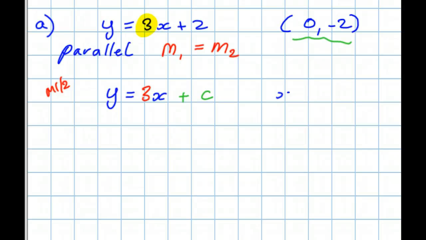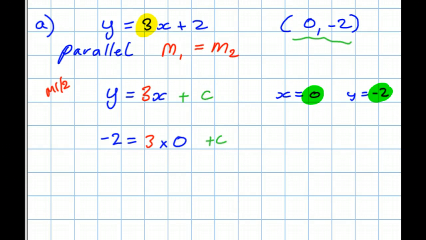Now, it passes through the point 0, minus 2. That means when x is 0, y equals minus 2. So my equation must satisfy that. So what I do is I substitute x equal to 0 and y equal to minus 2 into my equation. So I get minus 2 equals 3 times 0 plus some number.